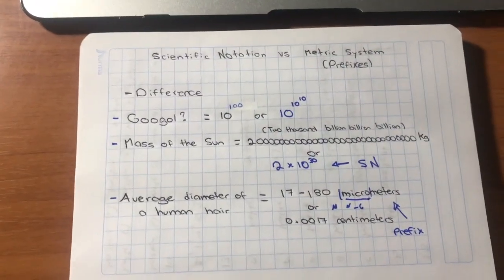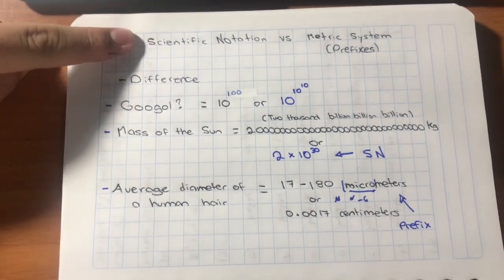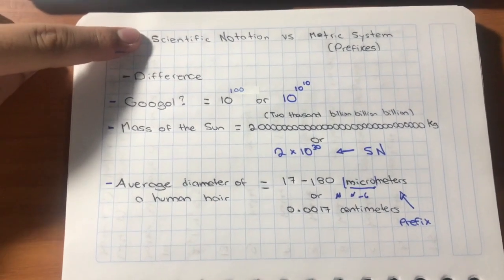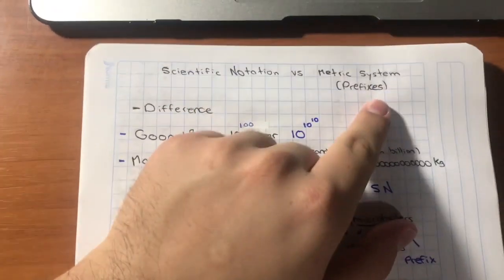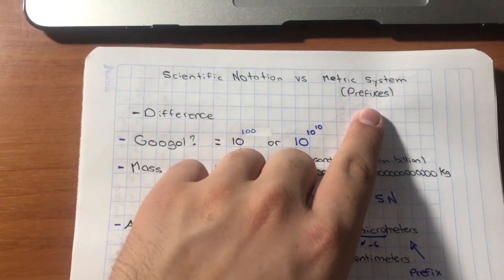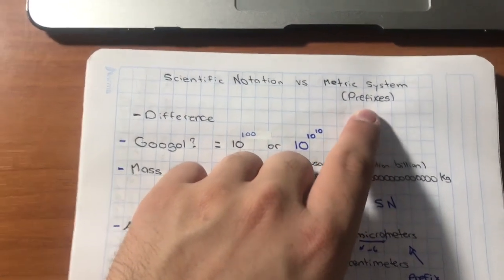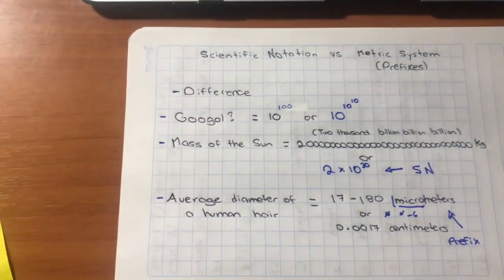So the difference between them is that in this one we use only numbers, with which you can say whatever quantity, and in this one you change the power of 10 to a prefix in letters. So that's the main difference.